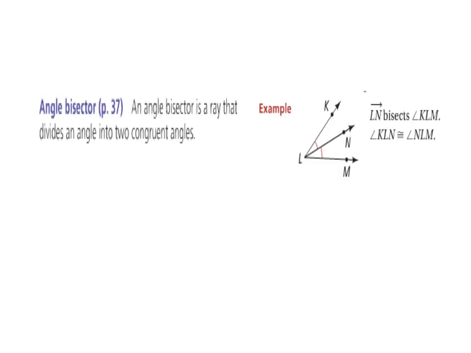So in other words, it cuts it into two equal parts. That means the two angles, angle KLN and angle NLM, are congruent to each other if the ray bisects it. So an angle bisector is a ray that bisects an angle into two congruent angles.